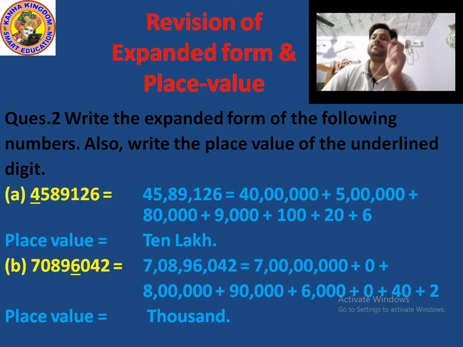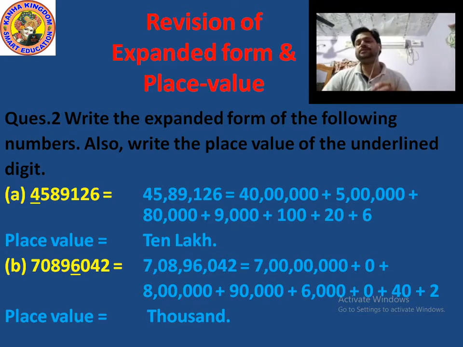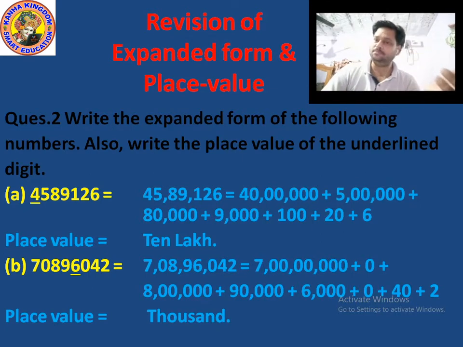First, you expand the number. How do you expand the number? With the help of commas. And with the help of commas, you know how many periods there are. So after finding the periods, it is very easy to expand the number.